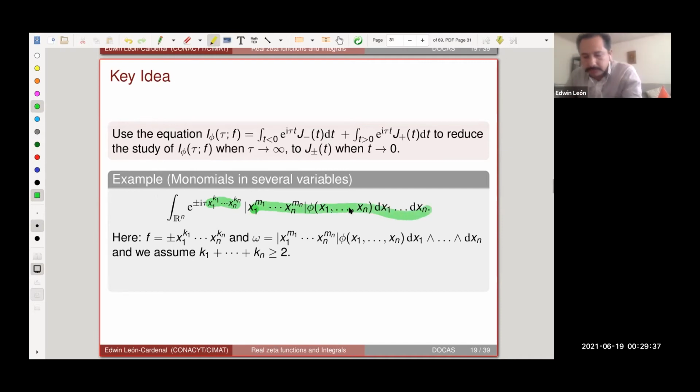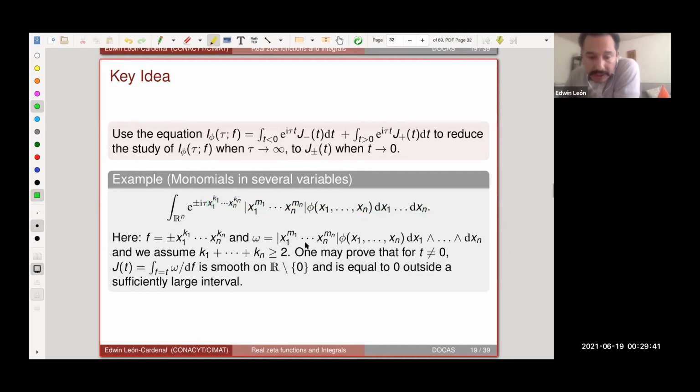Okay. So you can actually construct the Gelfand-Leray form by making some calculation, for instance by induction, which is the best way to do this. And you can prove that this function j is smooth and is equal to 0 outside a sufficiently large interval, okay?